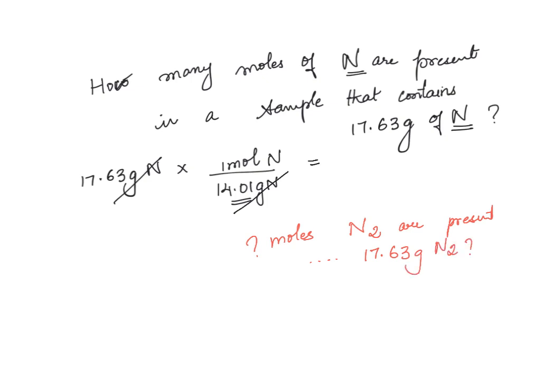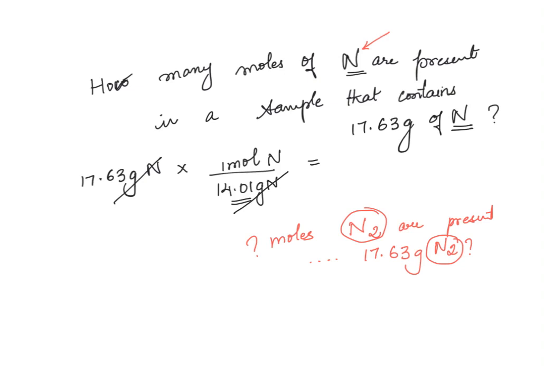Now remember, if you see nitrogen in the question, automatically take it as N2, because nitrogen exists as a molecule, right? But if they say atomic nitrogen, or if you see just N instead of N2, then it is slightly different.